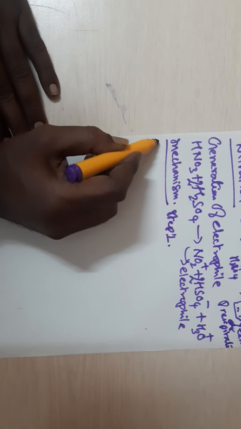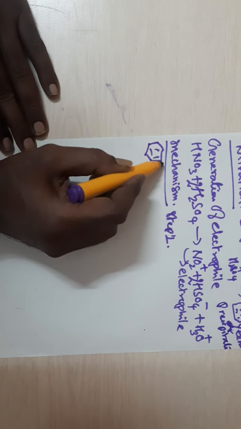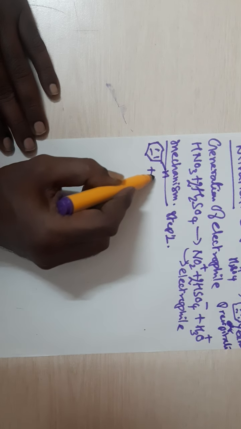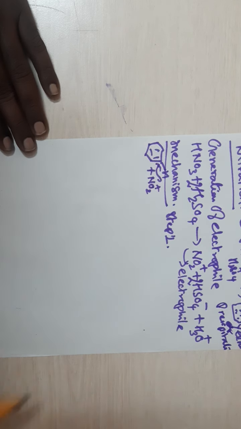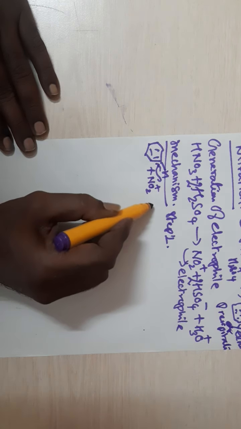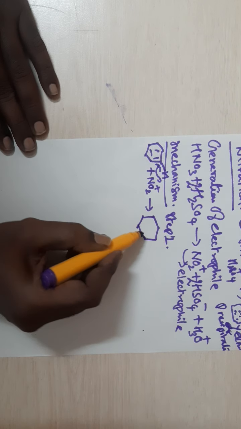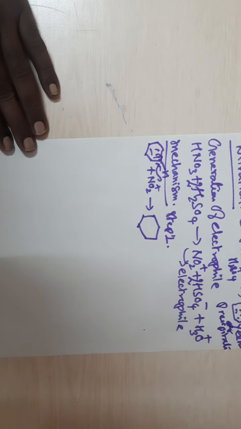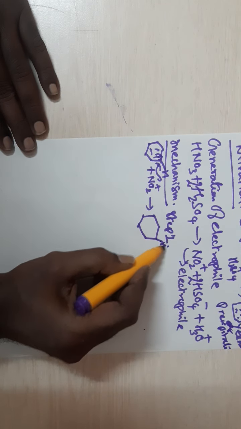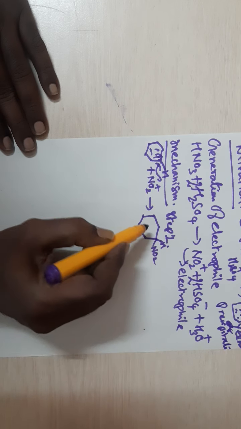Step 1, in step 1, the aromatic ring is attacked by NO2+. There is a sigma bond formation between the carbon and the nitro group. As a result, this pi bond is used for the sigma bond formation between carbon and the nitro group, NO2.